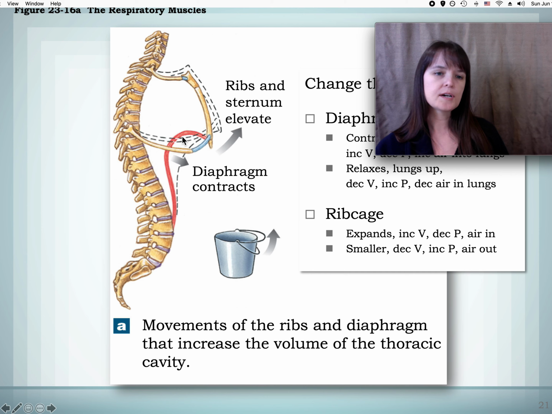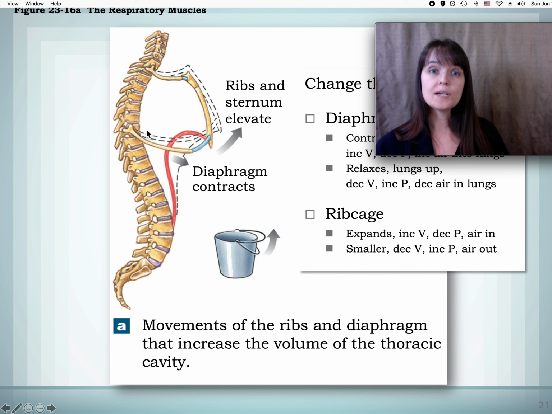So I want to make sure everyone understands that when the diaphragm contracts, it pulls down because you see the length of the muscle, and anytime a muscle contracts, it gets shorter. So when the diaphragm contracts, it gets shorter, and because of the fluid bond between the visceral and parietal pleura, when the diaphragm contracts and the ribs expand up and out, the volume inside the lungs gets bigger.